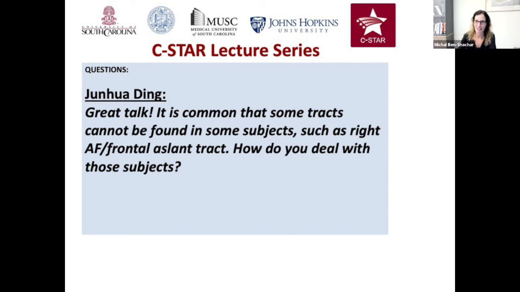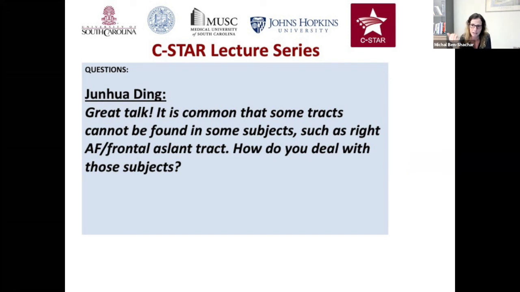In some participants, you cannot find some of the pathways, and specifically the right arcuate. This is true, especially if you run deterministic tractography. If you run probabilistic tractography, as we've shown even in 2011, you can find the right arcuate in all participants, pretty much.